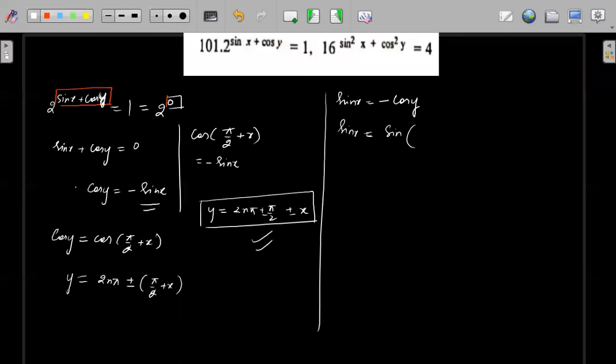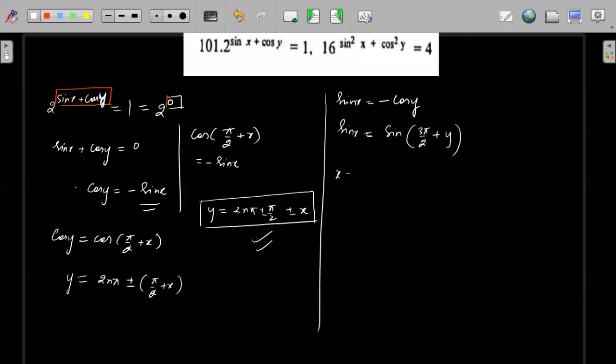In the fourth quadrant I can write sine of 3 pi by 2 plus or minus y. Plus y, minus y, you can write anything, because in the third and fourth quadrants the sign is negative.